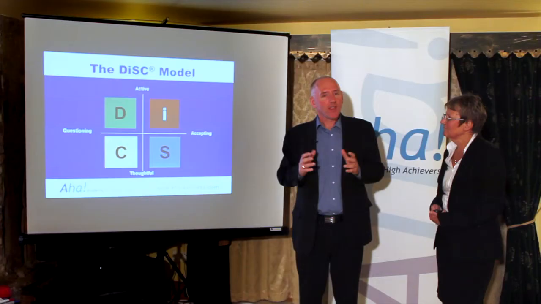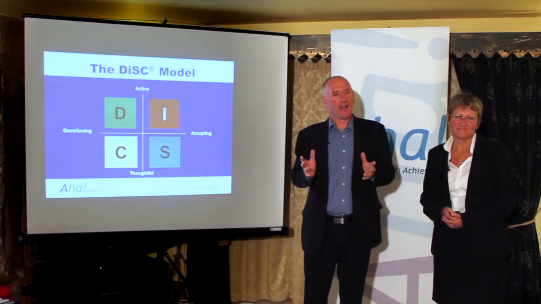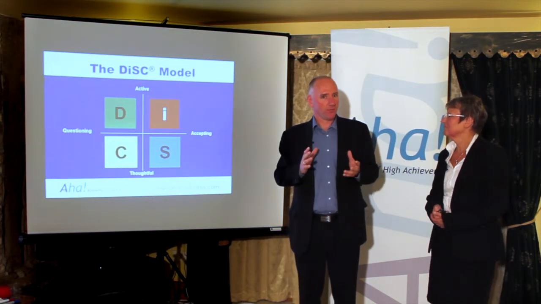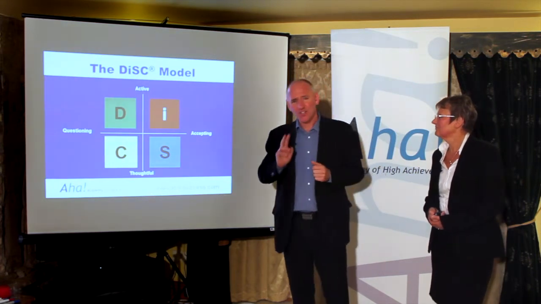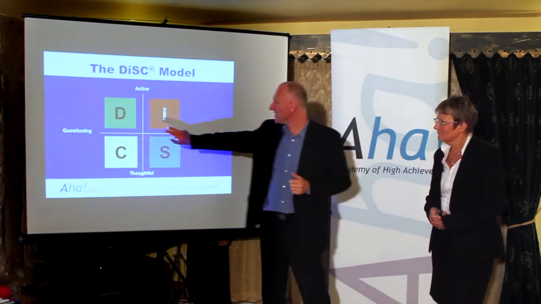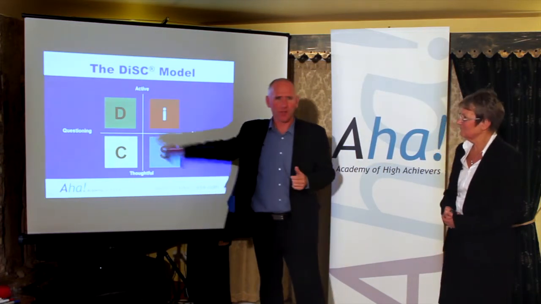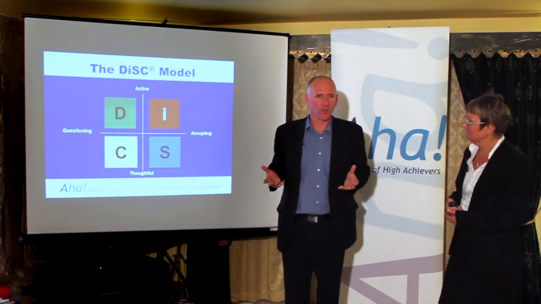So we've talked about the diagonal opposites and how significant difference can lead to perceptions that might sometimes get in the way of really good relationships, of course, until we know about the DiSC model. And there is another area where there may be potential problems, and that is where two people are doing the D style. Now we might think, well, they're a similar style, they've got a lot in common.